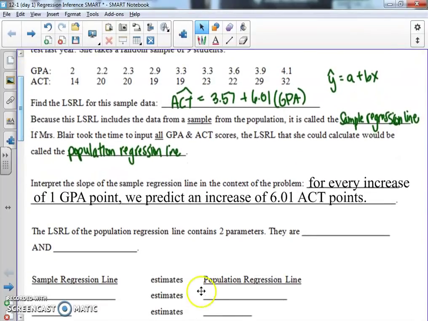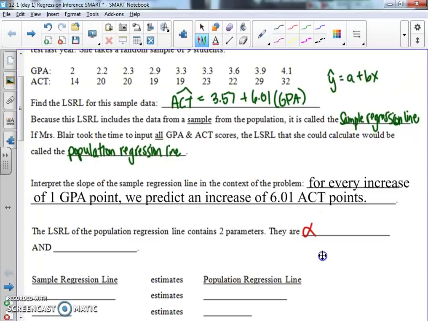Now, the least squares regression line of the population regression line contains 2 parameters. Okay, and this is of the population line. That would be all the scores. The 2 parameters would be what we call alpha. Now, this is different than the cutoff level alpha that we've always used in significance tests. We say that this alpha is the true y-intercept.